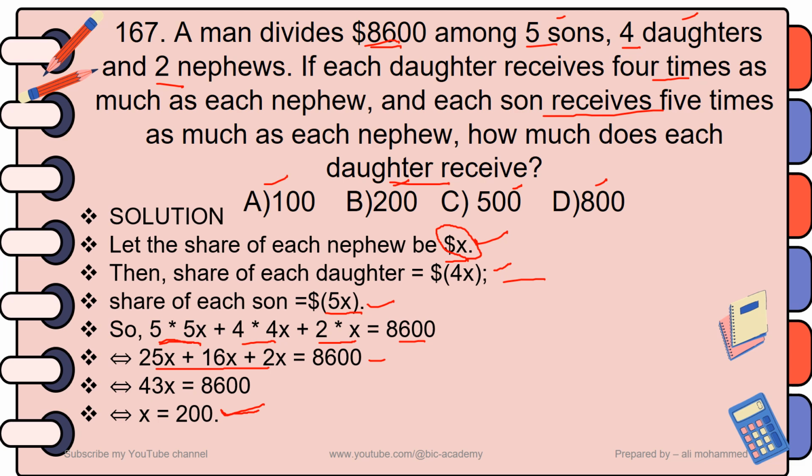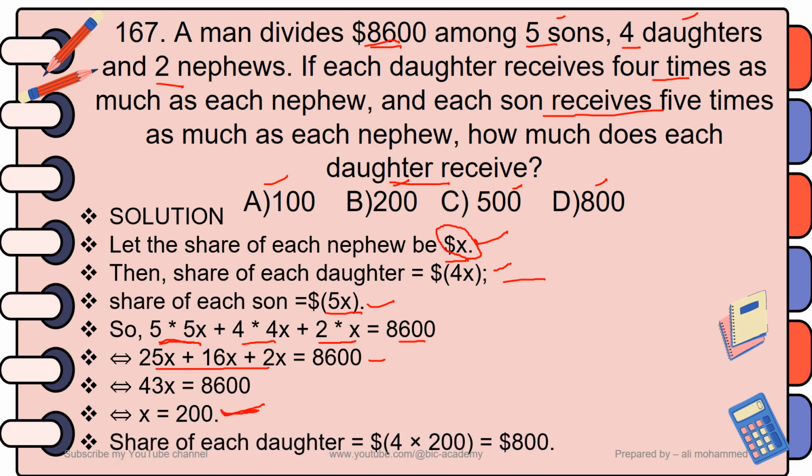Now, what is asked in the question is the share of each daughter, and the share of each daughter is 4 times the share of each nephew. So the share of each nephew is 200, and 4 times 200 is the share of each daughter, which is equal to 800. So the share of each daughter is $800, and your answer for this question is choice D.